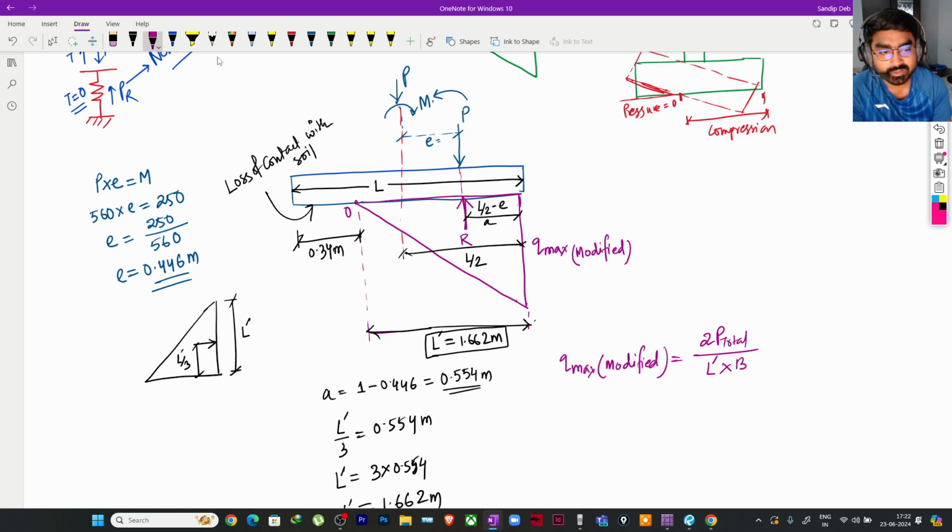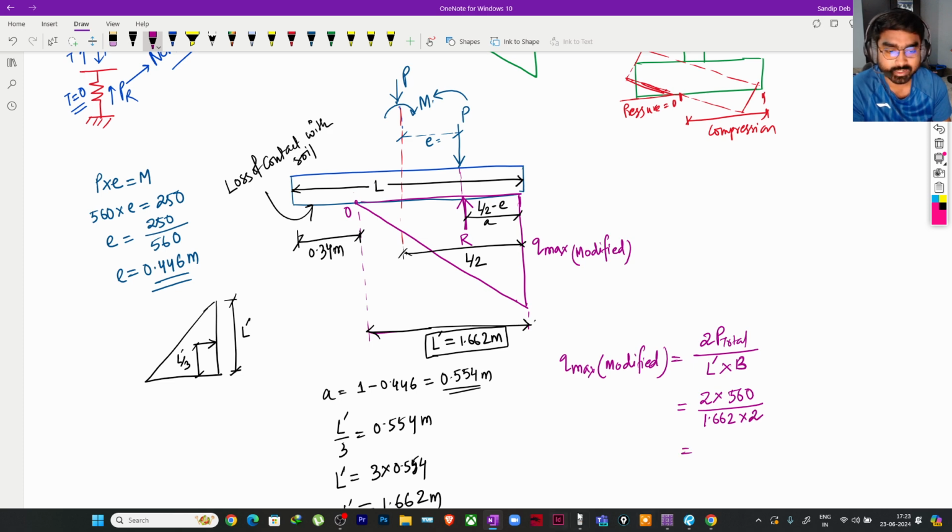That dimension will be taken as the complete value, because there is no eccentricity in that direction, as we are taking uniaxial moment. So now we can easily find out the modified pressure. It will be 2 multiplied by 560 divided by L dash, which is 1.662, multiplied by the other dimension, 2 meter.